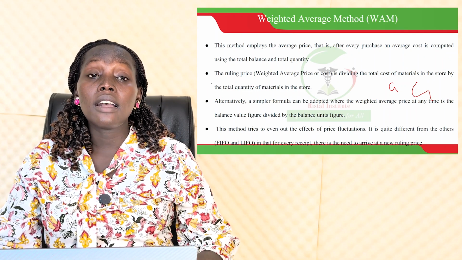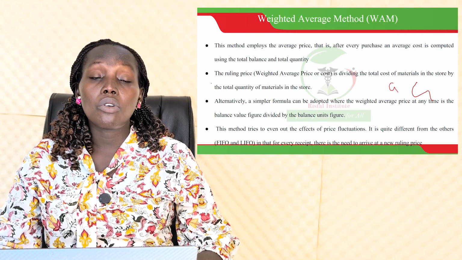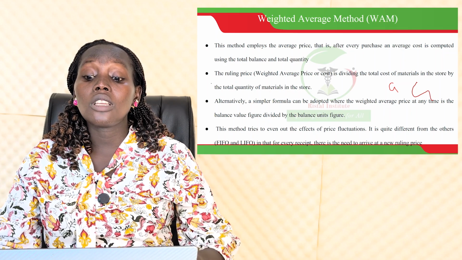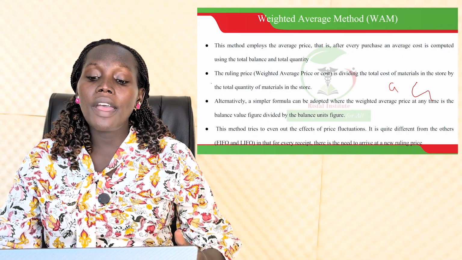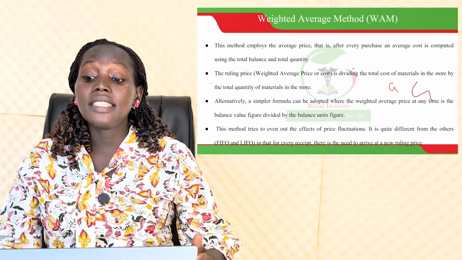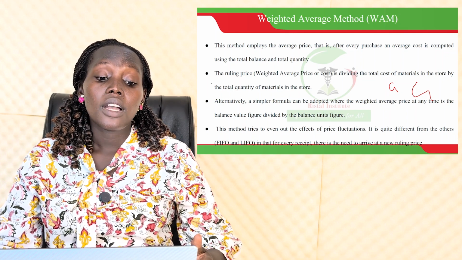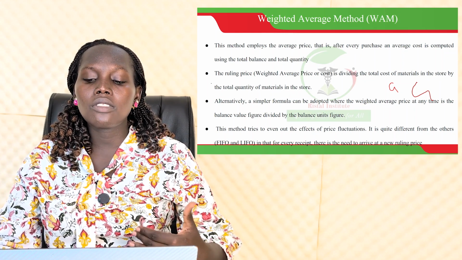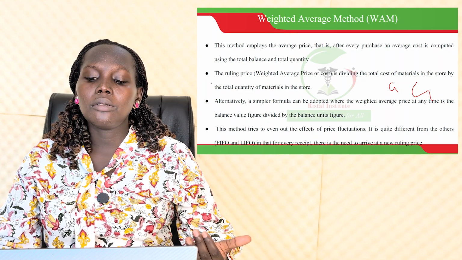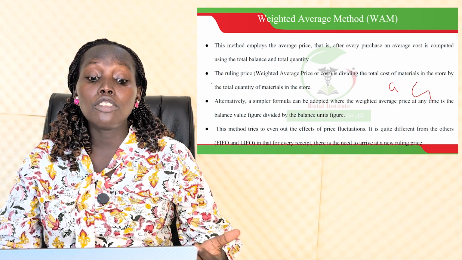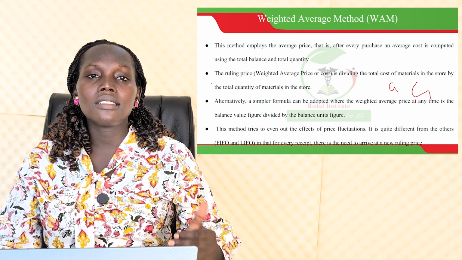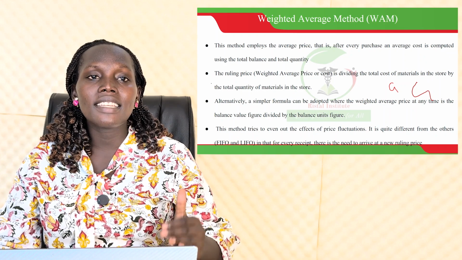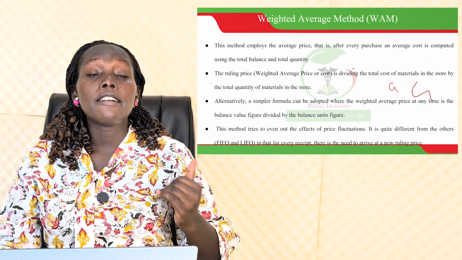Alternatively, a simpler method can be adopted, where the weighted average price at any time is the balance value figure divided by the balance units figure. The balance value figure divided by the balance unit figure.